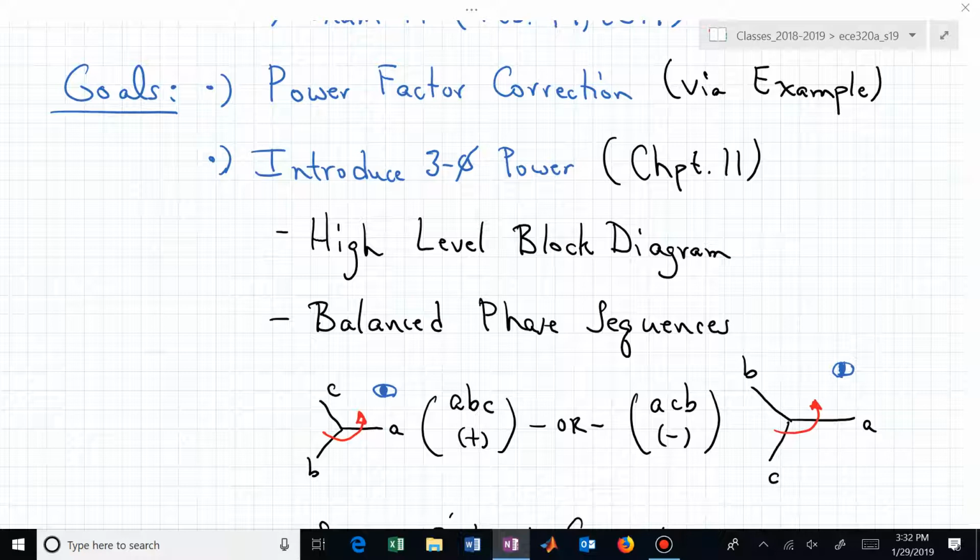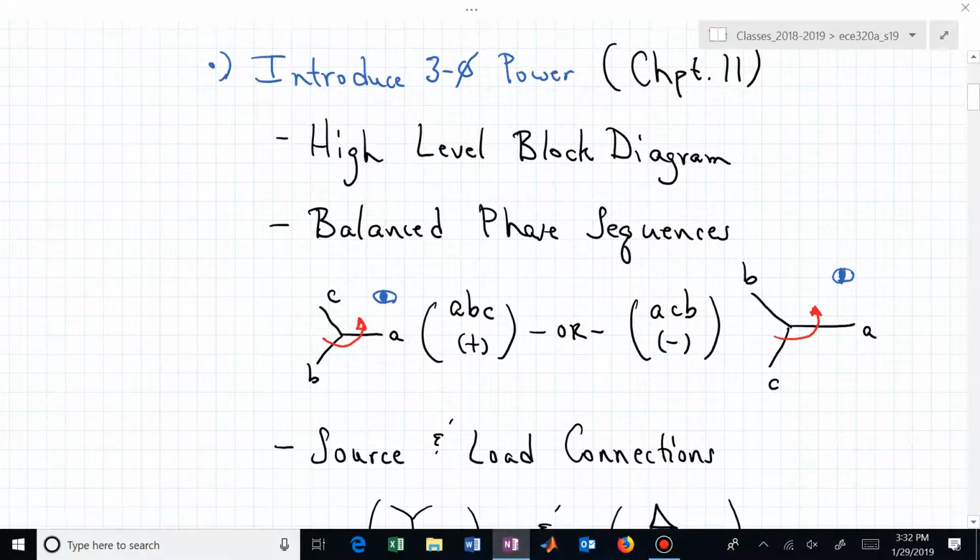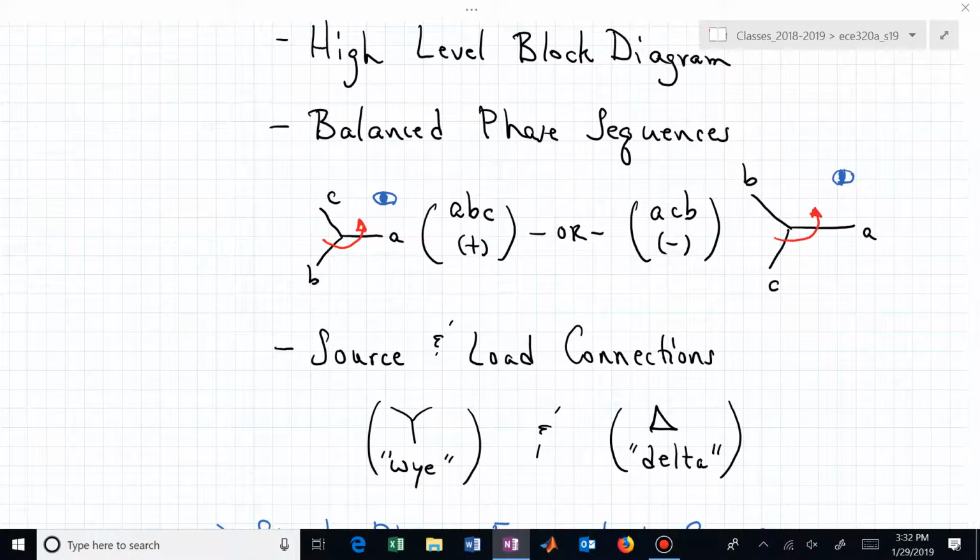We'll look at a high-level block diagram description of three-phase power. We'll talk about balanced phase sequences, and that's supposed to be an eyeball. I'm not sure about my drawing, that's why I'm an engineer and not an artist, but that's an eyeball, and these phasors are spinning counterclockwise. And if you're standing there where the eyeball is and watching these phases pass you, then you will first see phase A, then B, then C. Since that's the way we normally say our ABCs, that's the positive phase sequence.